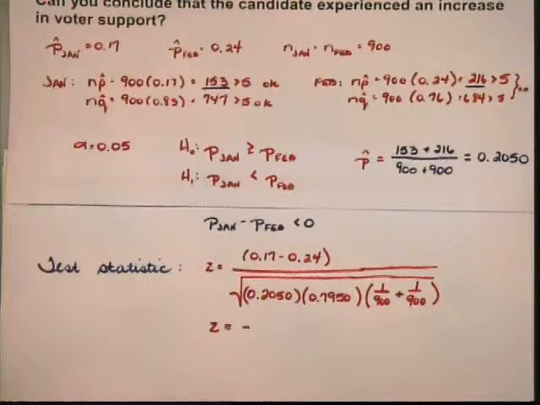You may want to work them out in pieces, work the denominator maybe, and then the numerator's the easy one, negative 0.07.